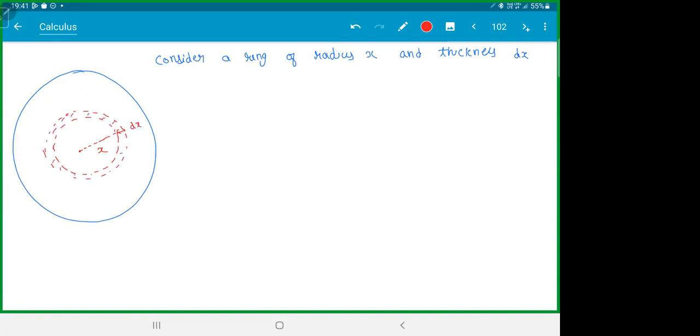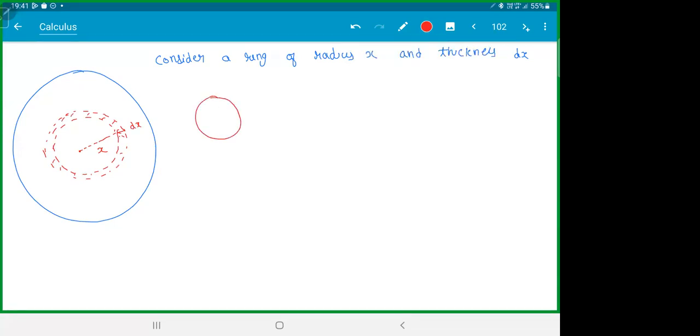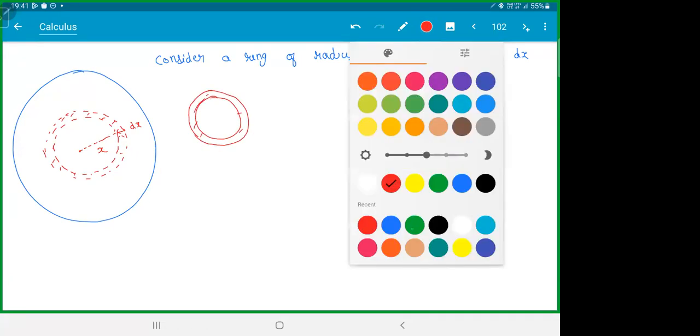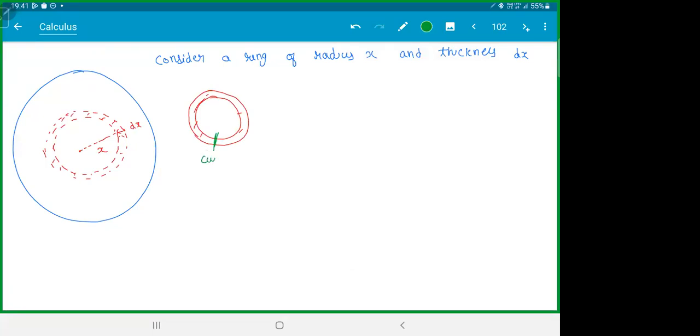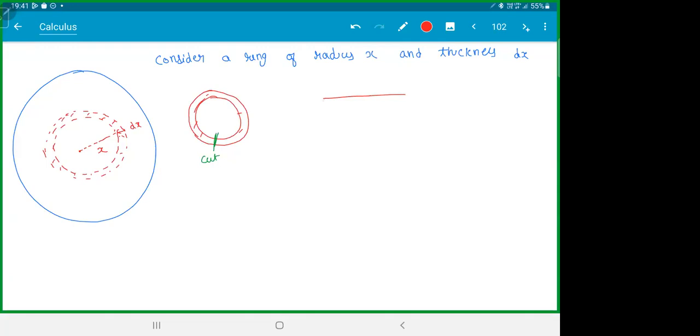So listen to this process. This thin ring which you have taken, if you take a scissor and cut it, and open this, what you get is a trapezium kind of thing. And if you look at this, the length will be 2 pi x.